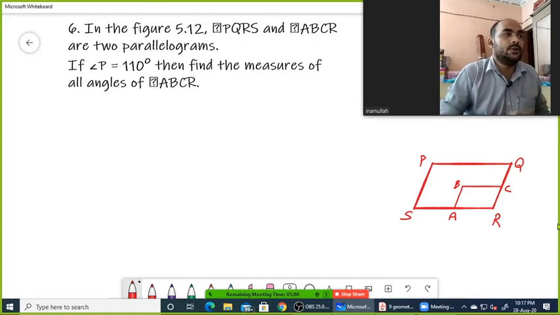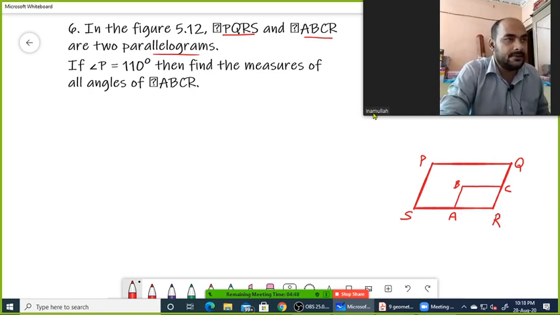This is question number 6, where the question says quadrilateral ABCR is inscribed within quadrilateral PQRS and both are parallelograms. If angle P is 110 degrees, then find the measures of all the angles of quadrilateral ABCR.